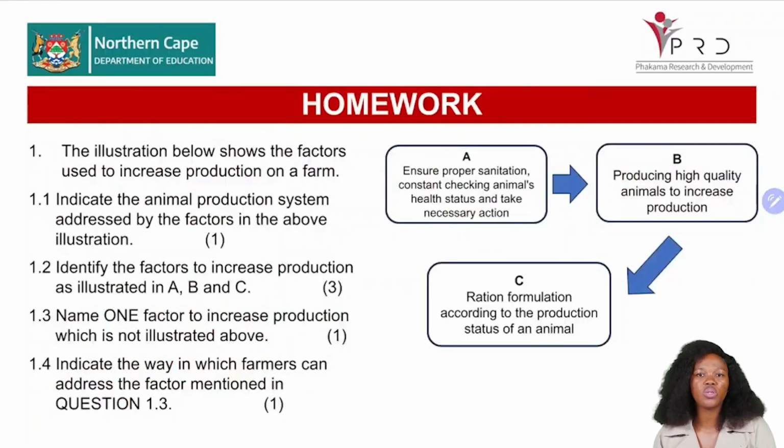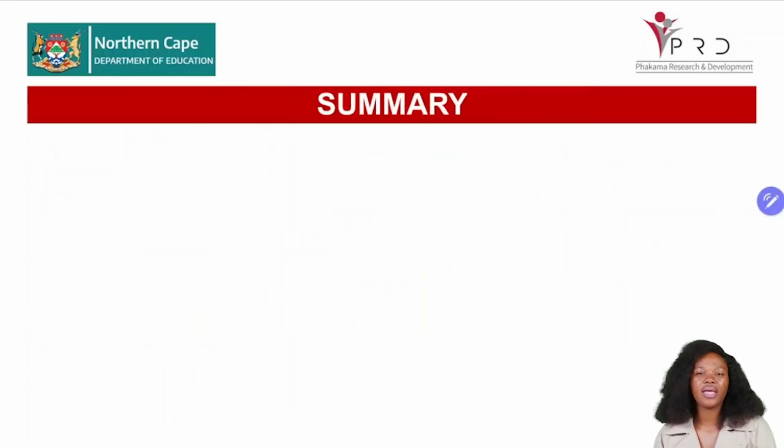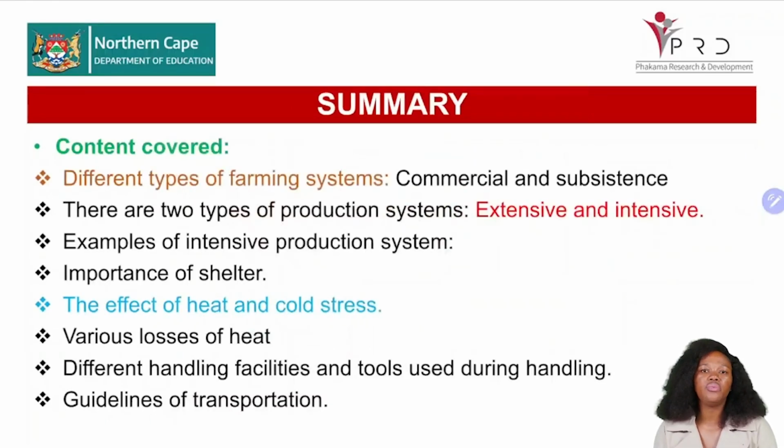Now, learners, this will be your homework, right? We'll check this and do our activity when we come back on our next lesson, if possible, right? And then today we have revised on animal production, and we touched more on animal production systems, extensive and intensive.